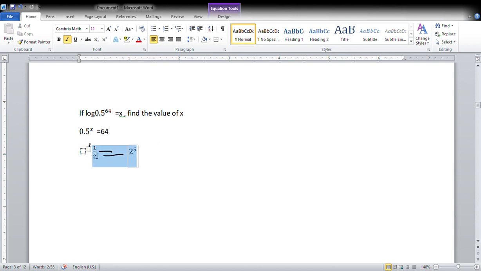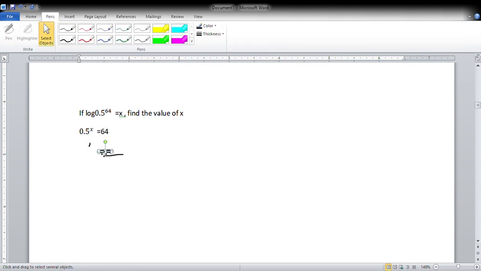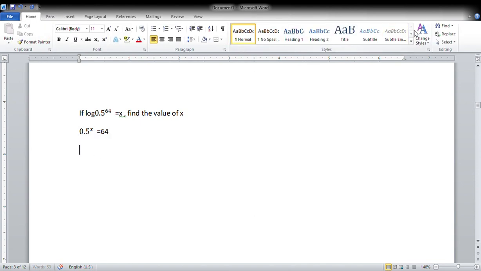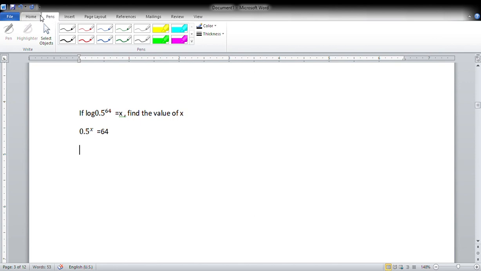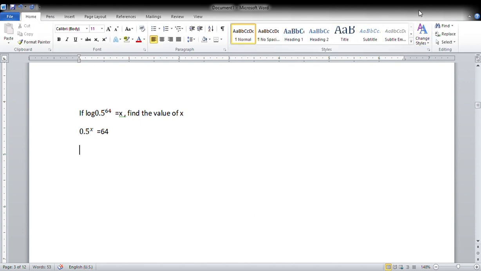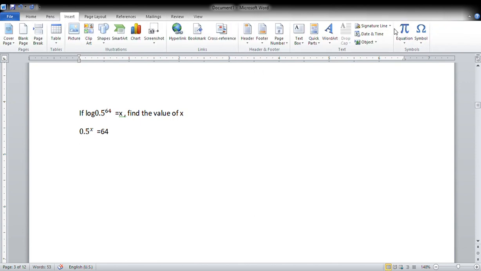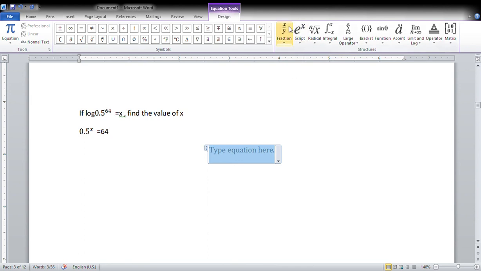Just a minute, I made a mistake there. So we can write 0.5 as 1 by 2, because if I convert it to a normal equation, it will be 1 by 2, right?